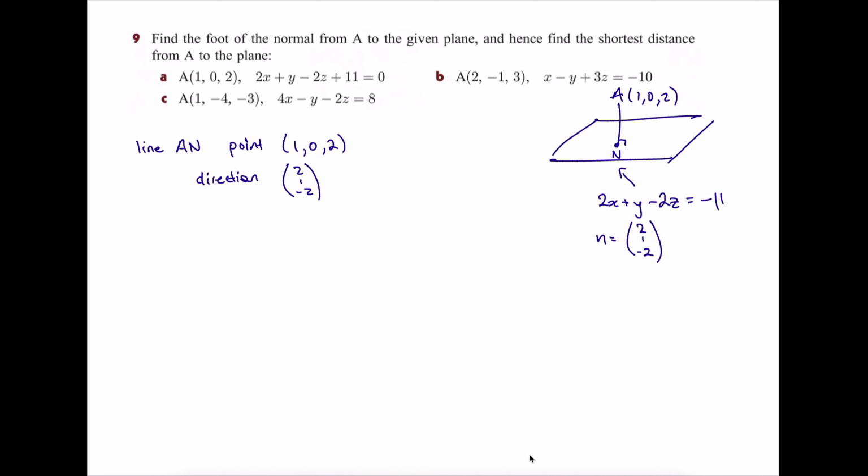Okay, so we've got a direction and a point, which means we can write the parametric equations for the line. So x equals 1 plus 2t as the parameter. y is equal to 0 plus 1t, so just t. z equals 2 take 2t. So that's the parametric equation for the line A to N.